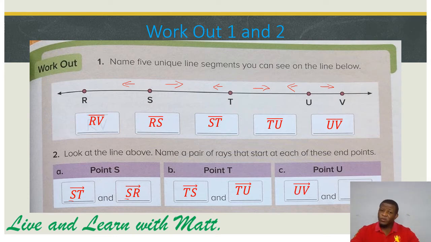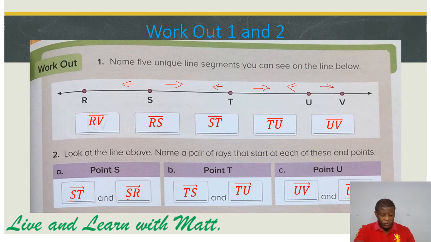So we have UV and UT. Don't forget to put the arrow. We use an arrow on the line for a ray. For a line segment, it's just a line. For the ray, we use an arrow.